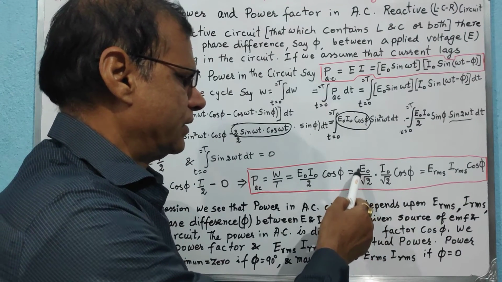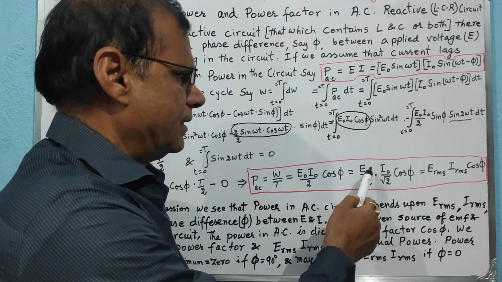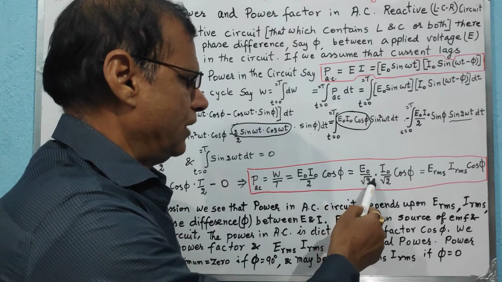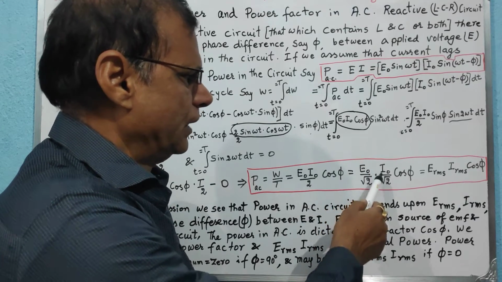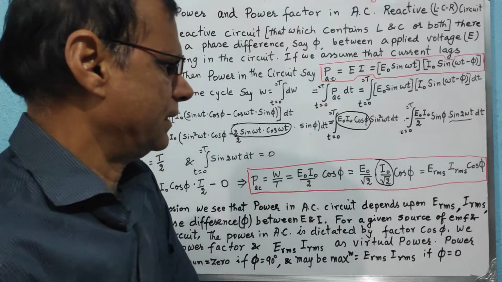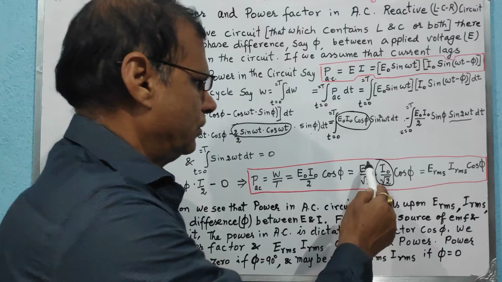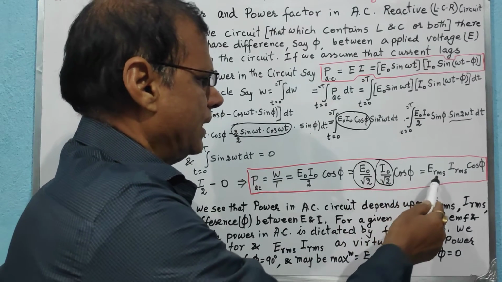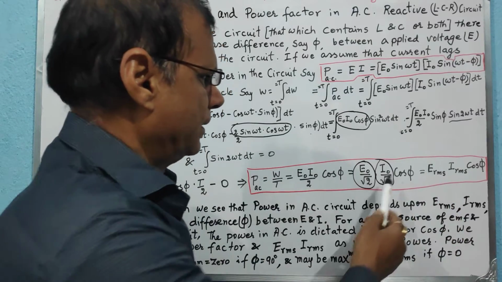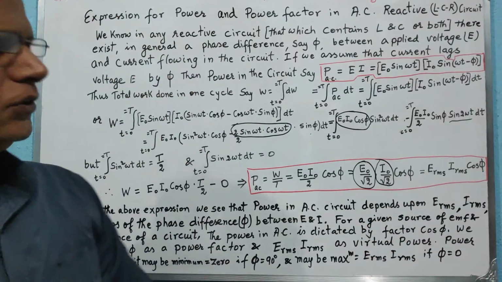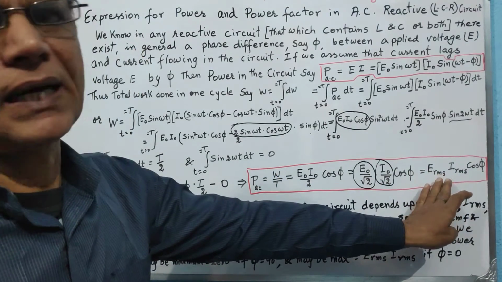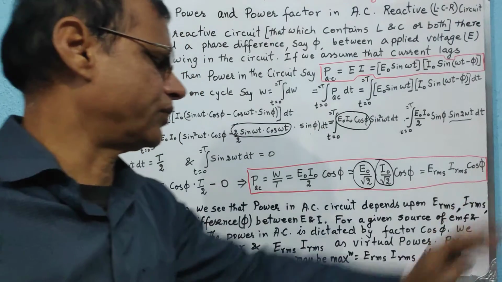Because we just derived in the previous lecture that the E RMS value is E0 by root 2, and the I RMS value is I0 by root 2. So instead of E0 by root 2 we can write E RMS, and for I0 by root 2 we write I RMS, and cos phi. So the power in the AC circuit is the product of E RMS, I RMS and cos phi.